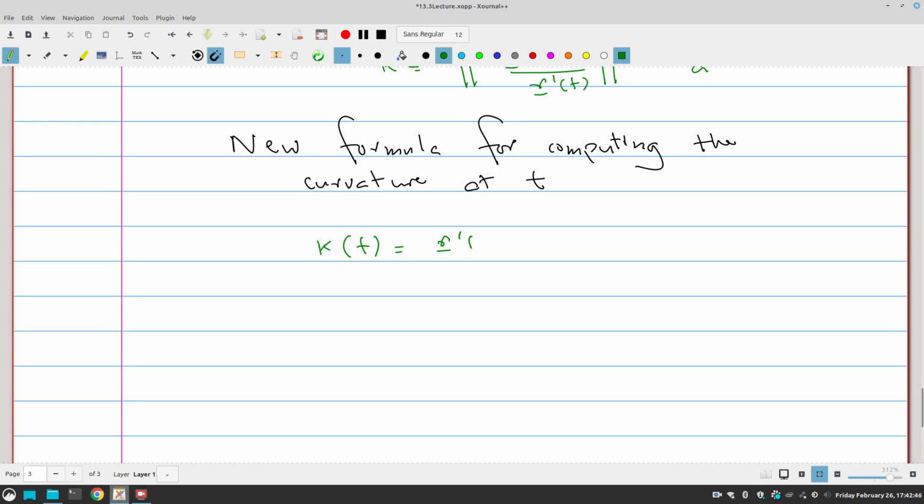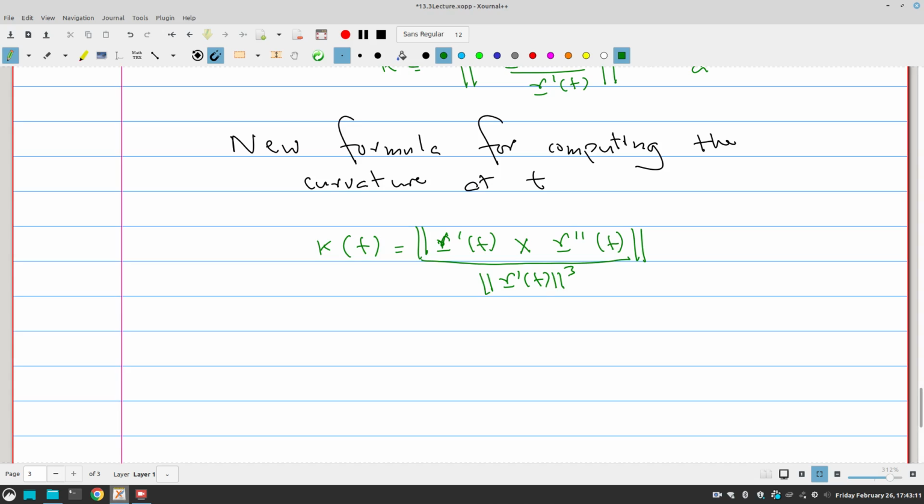the modulus of r prime t cross, remember these are vectors, r double prime t, divided by the modulus of r prime t cubed.